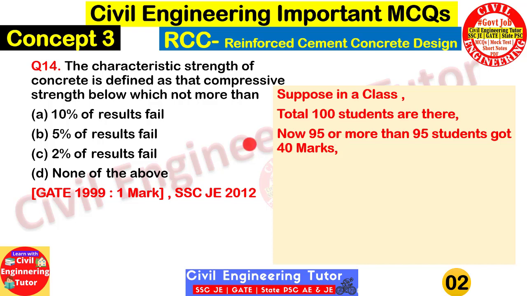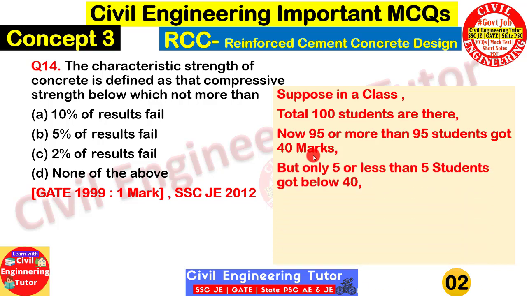If 95 or more students got 40 marks, then obviously only 5 or fewer students will get below 40. Is it not?